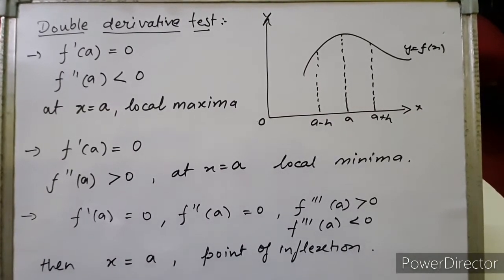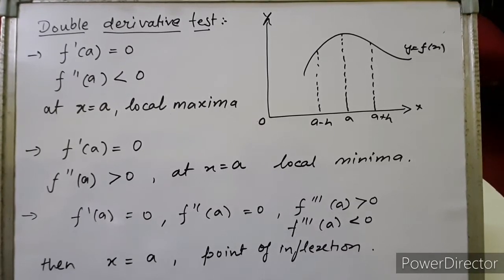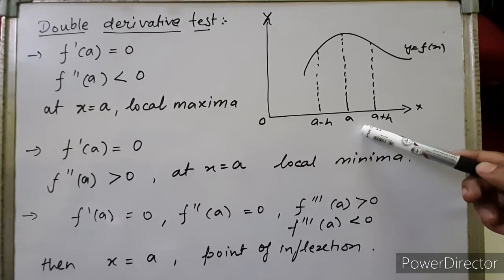Children, now we will discuss the double derivative test. That means we will use this double derivative test to find the value of local maxima or local minima, right? So I have drawn this curve y equals f of x here, and I have taken this point x equals a.